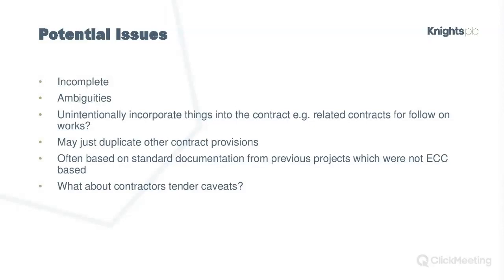If that's how the works information is set out, first of all, try and get the bit that isn't related to your work removed. It just doesn't make sense to have it in. If they won't remove it, then at least get something to say, this section B is not applicable.